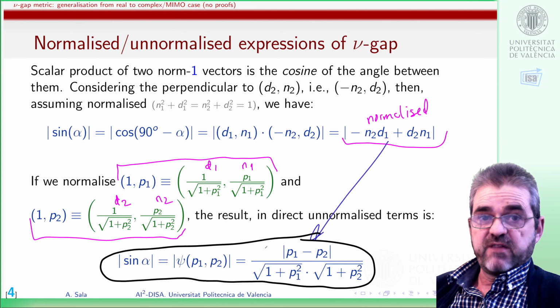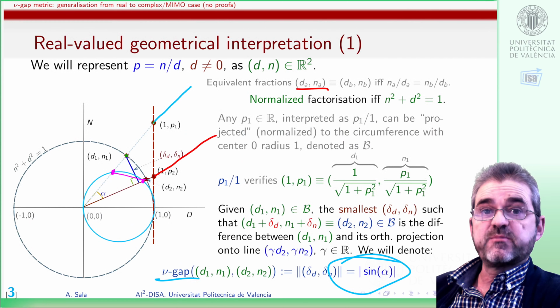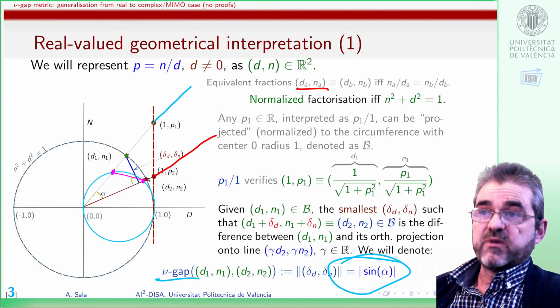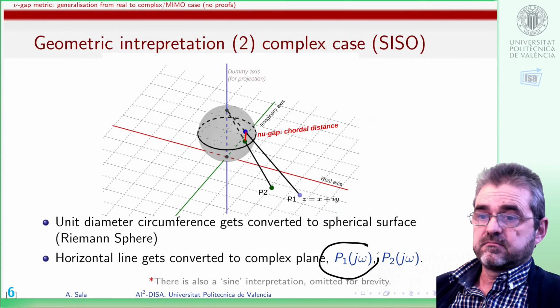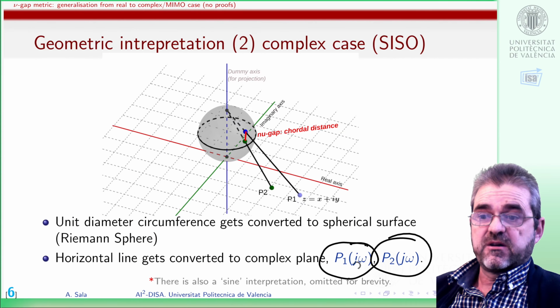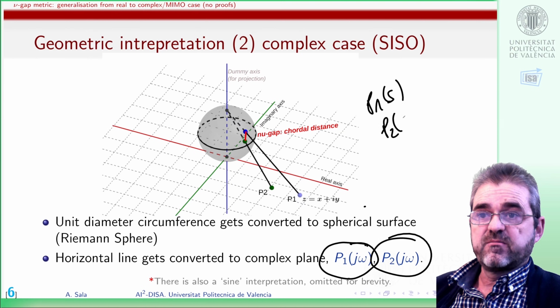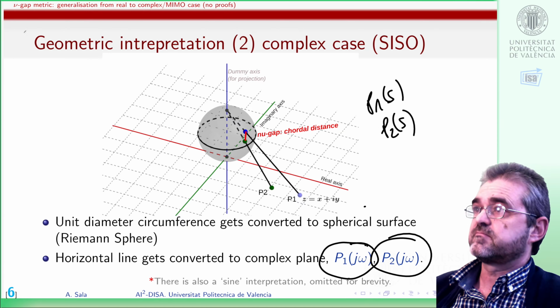So, once we have this formula and these two geometric interpretations, now we need to address the case in which P1 and P2 are complex numbers because they are the frequency response of some P1(s), P2(s).